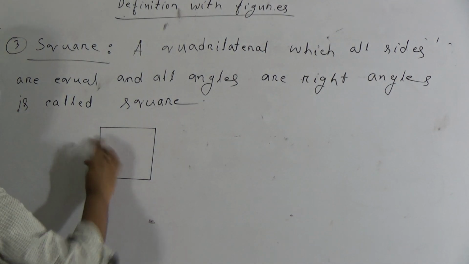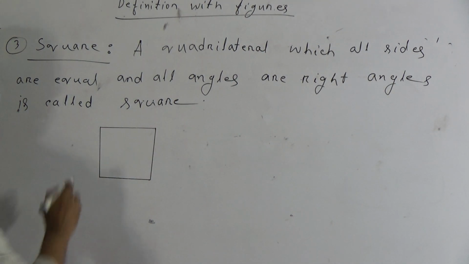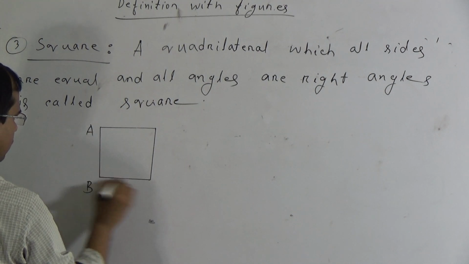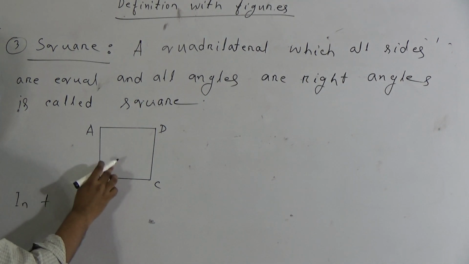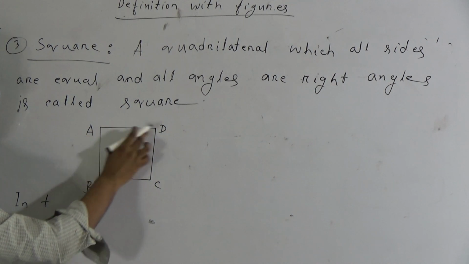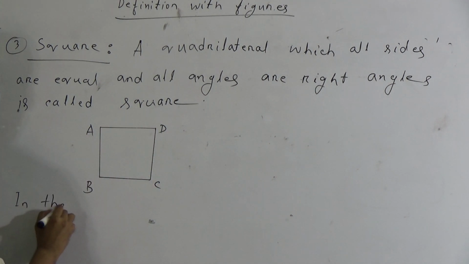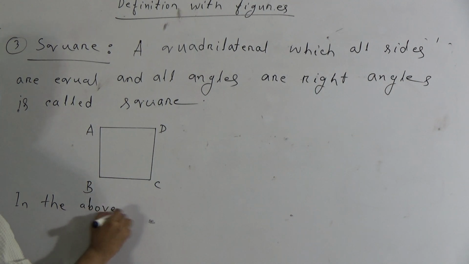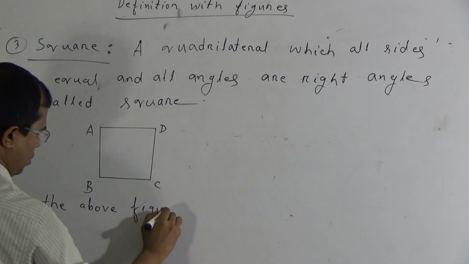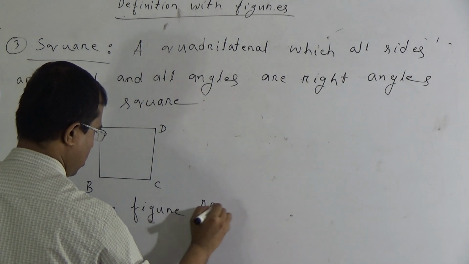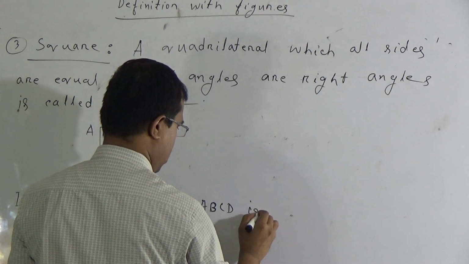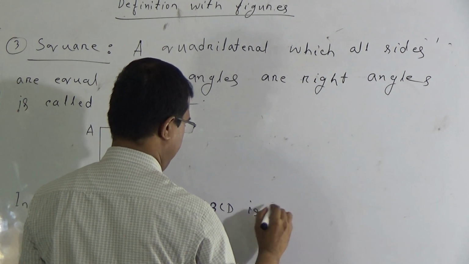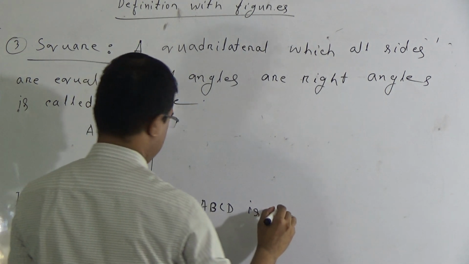It's this side, this side, this side and this side. All sides are equal. And all angles are right angles also. This is right angle, right angle, right angle and right angle. In the above figure, ABCD is a square.